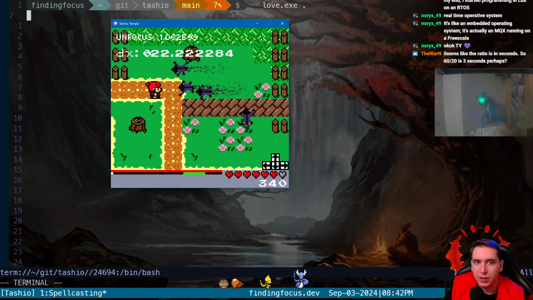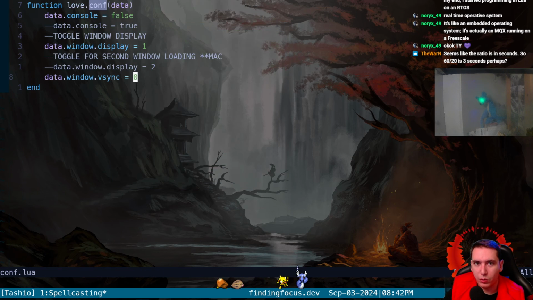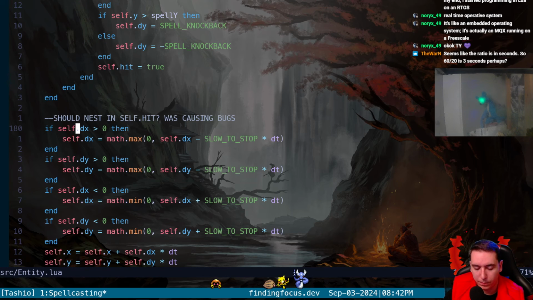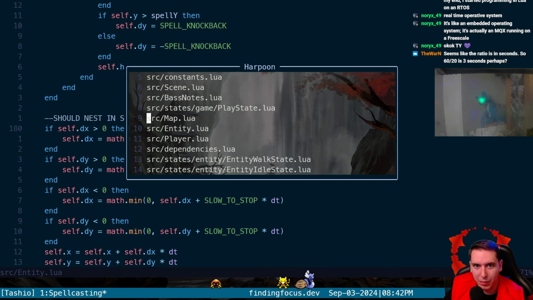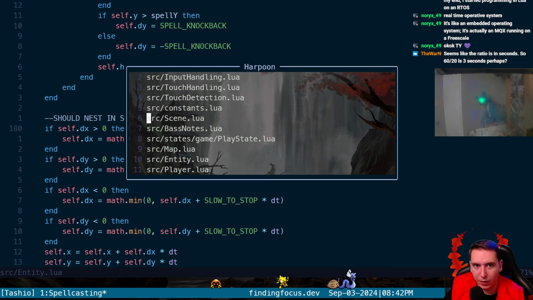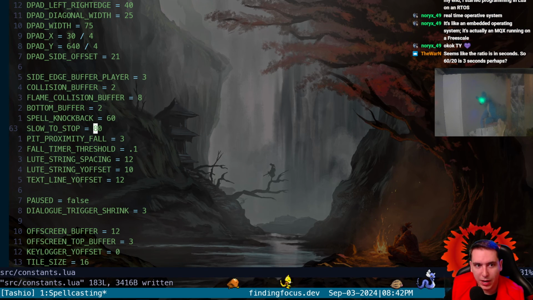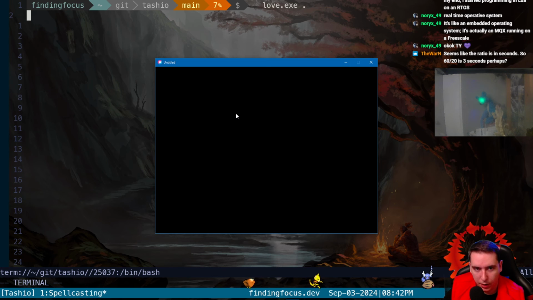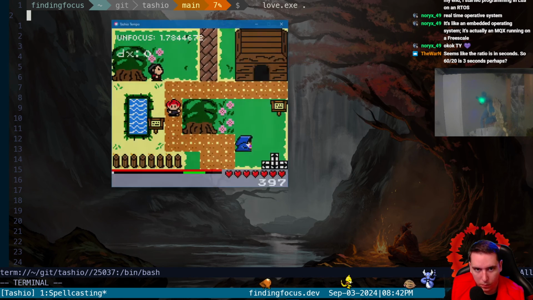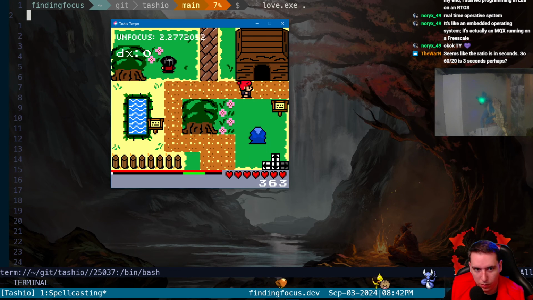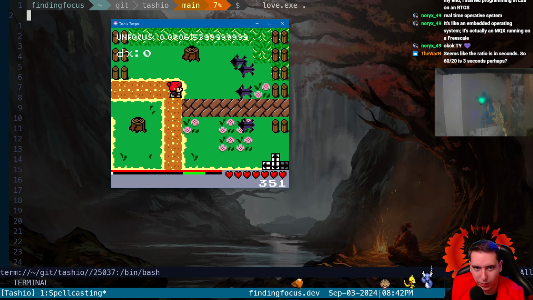Okay, cool. So we should slow to a stop a little faster. So we should make that variable a little bit bigger. I think the knockback looks pretty good, but we should make the slow to a stop a little bit more... I don't know how to even phrase that.